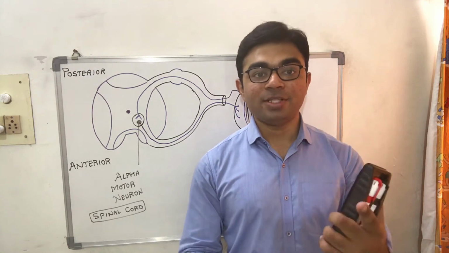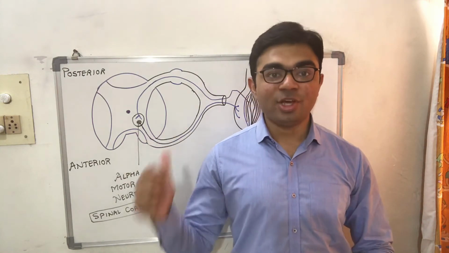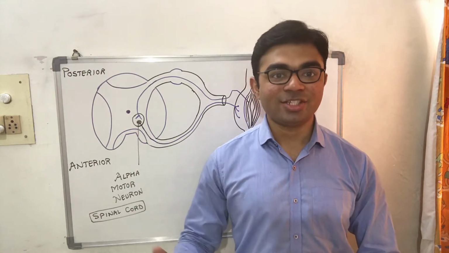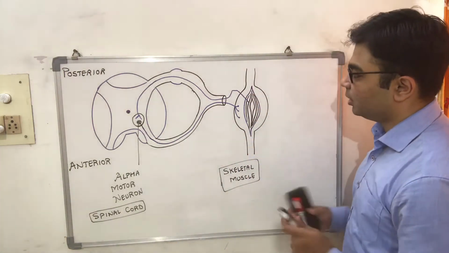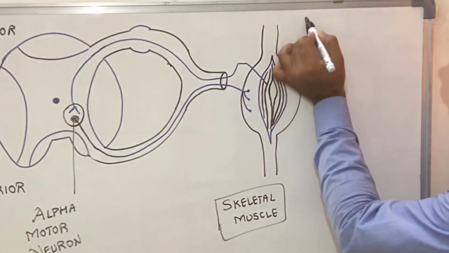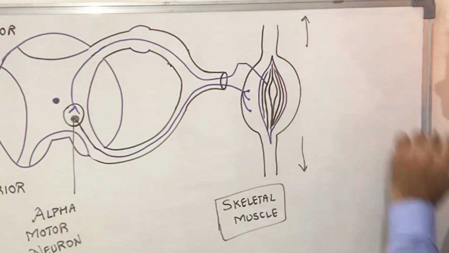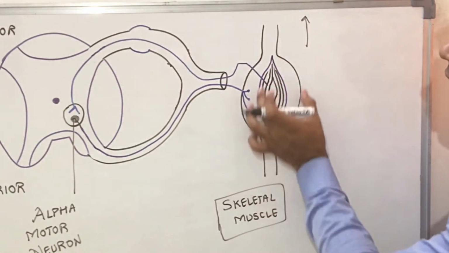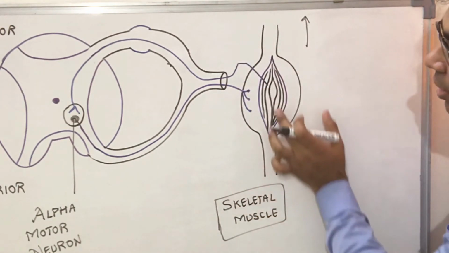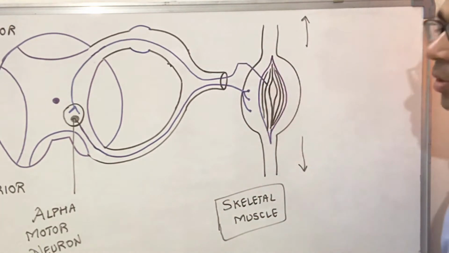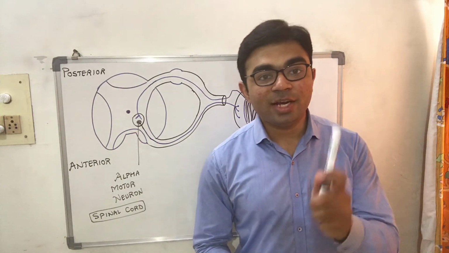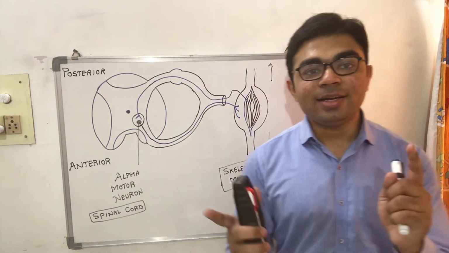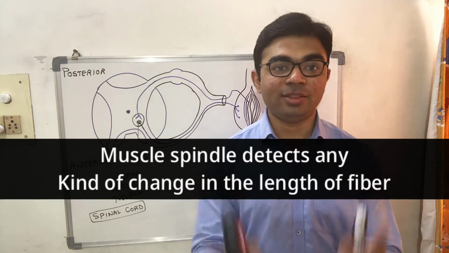Now what happens when we stretch the muscle, we are going to understand via this diagram. Whenever we apply a stretching force to this muscle, along with the extrafusal muscle fibers, the intrafusal muscle fibers will also be stretched. The muscle spindle has a very important function: it detects any change in the length of the muscle.